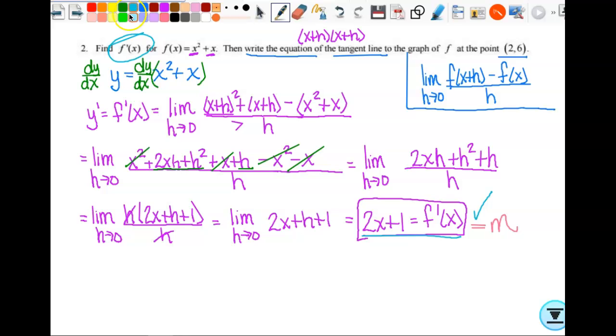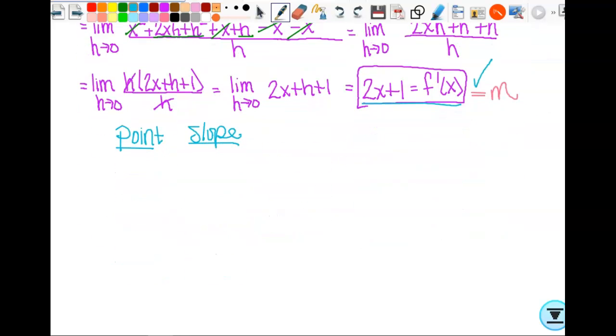Then it goes on to say, write the equation of the tangent line at this point. So to write the equation of a line, we need two things. We need a point, and we need slope. Do you have a point? Yes, they gave it to us, right? It's 2, 6.